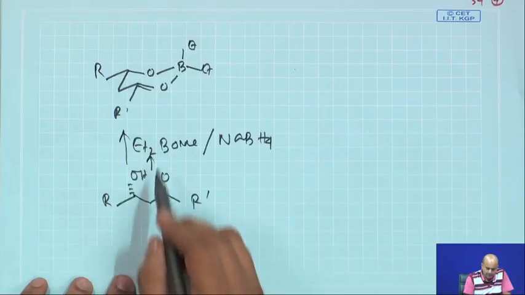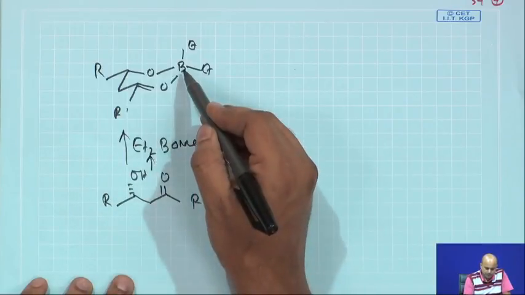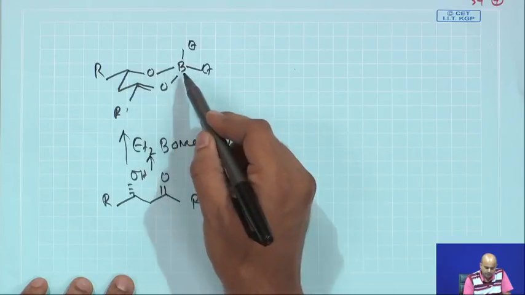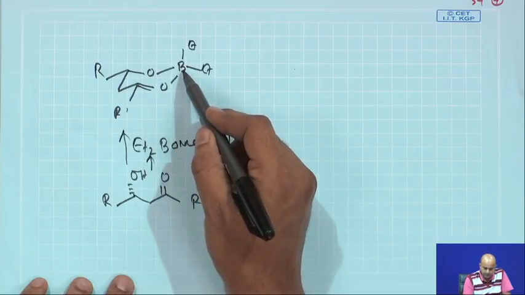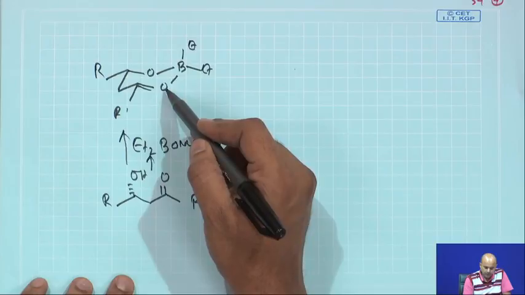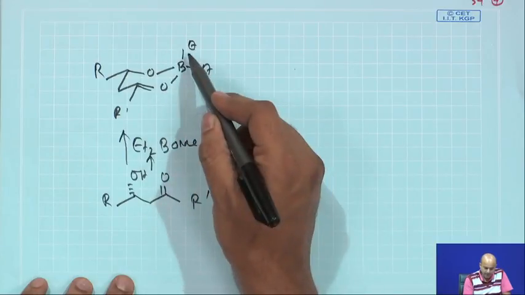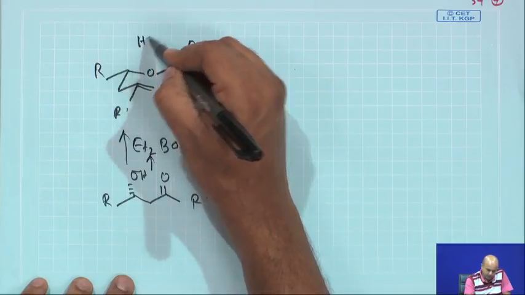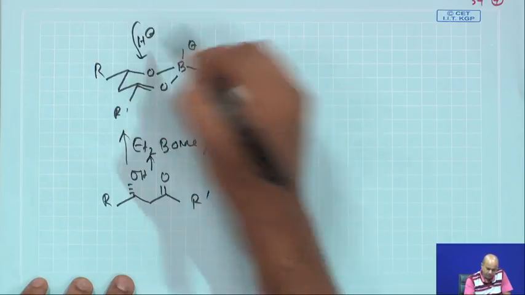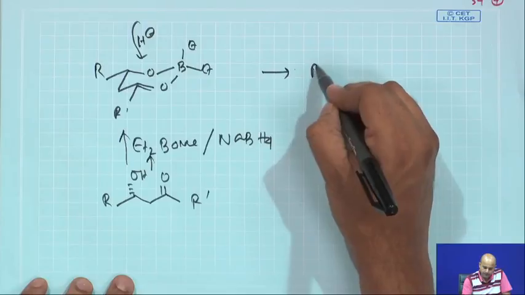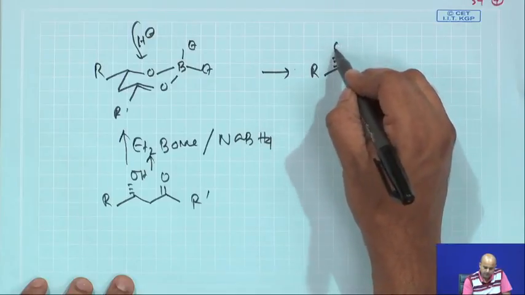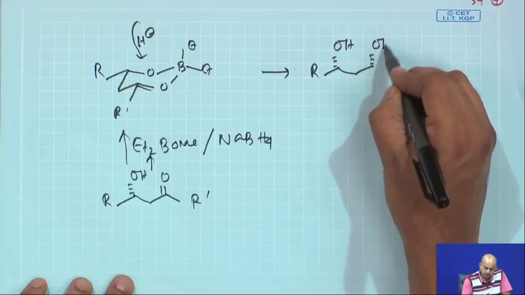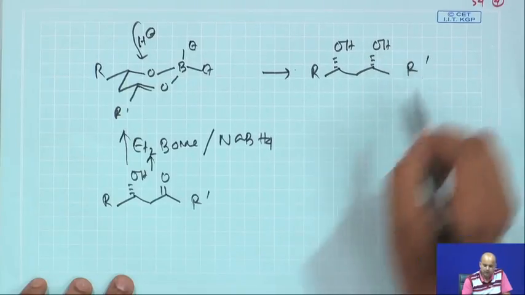So, in this reduction Et2BOMe, this boron has one methoxy, and this methoxy is replaced by this alcohol. Now, this boron coordinates with this carbonyl Lewis basic site, and then Et is there. Now, NaBH4 transfers this hydride from this face. So, now you get the syn alcohol.